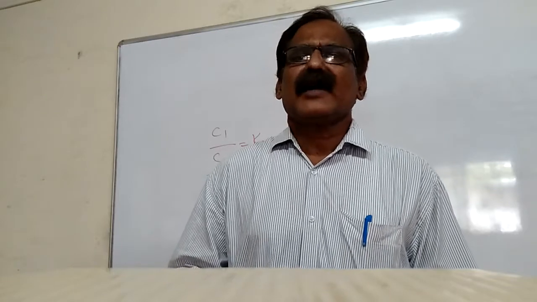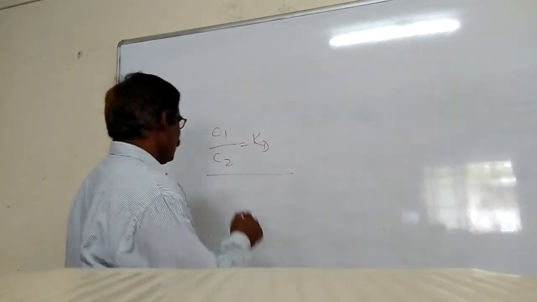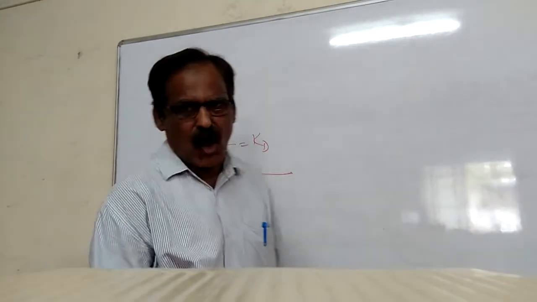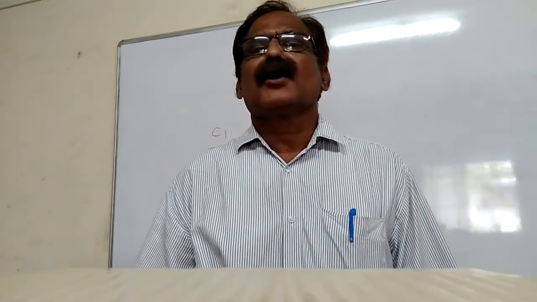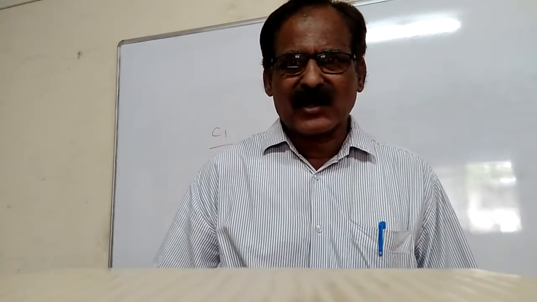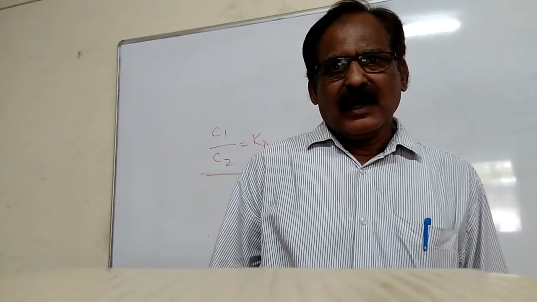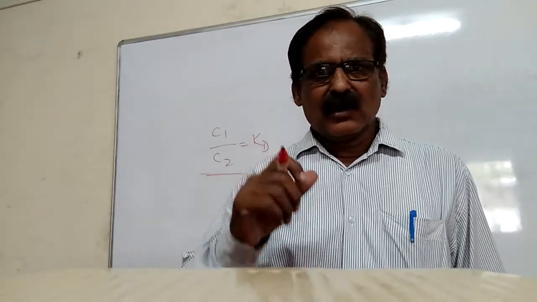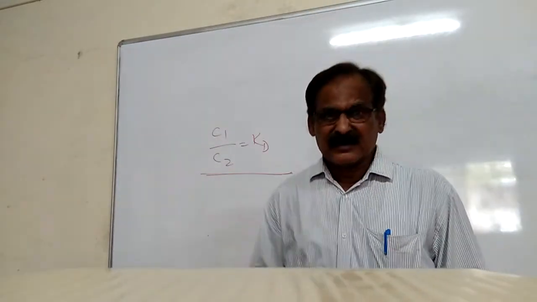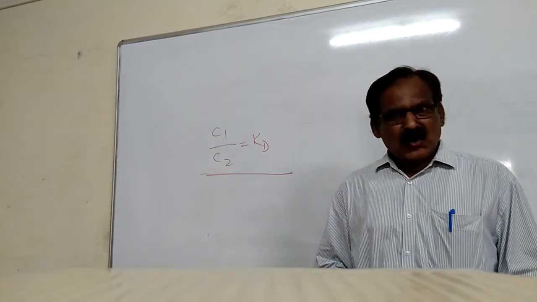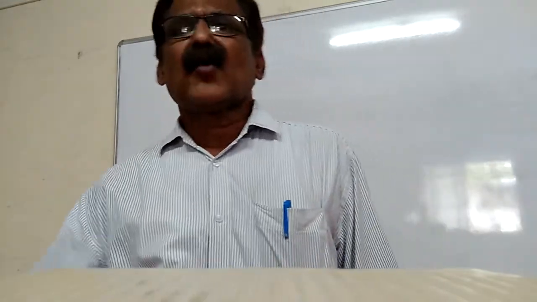In that case, we cannot apply the normal Nernst distribution law, C1 upon C2 is equal to Kd, because the solute which undergoes change in either of the solvents does not exist in its normal state, it exists in another molecular state.